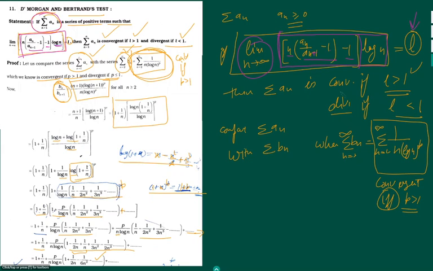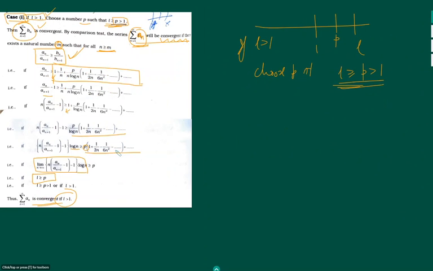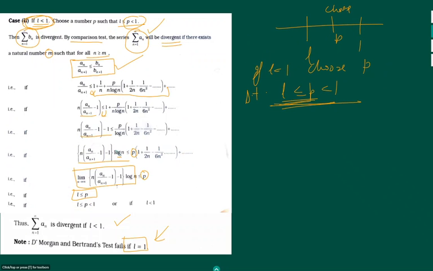If this limit is l, then the series is convergent for l greater than 1 and divergent for l less than 1. We proved this by comparing the series an with the series bn, which we know is convergent for p greater than 1 and divergent for p less than or equal to 1. We find bn over bn plus 1 to be this, and we have already discussed its proof. We don't have time to go into that.